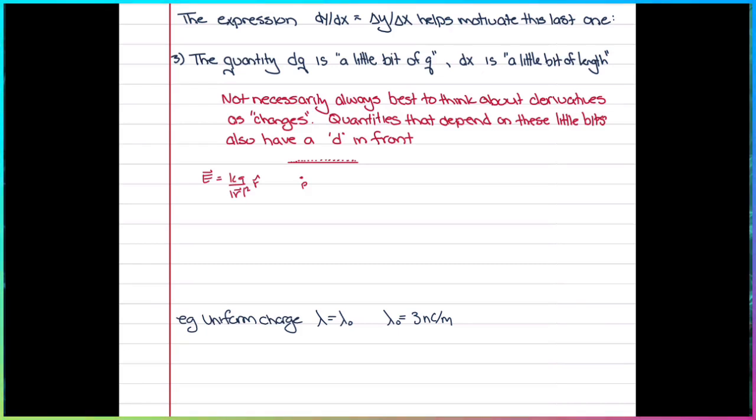I might have a good amount of charge, but it's spread out, so I could break up this rod into a bunch of tiny little pieces, where in each case there's a little bit of charge. I'm writing dq for all of them, and that's okay. The dq represents that there's a little bit of charge located there.